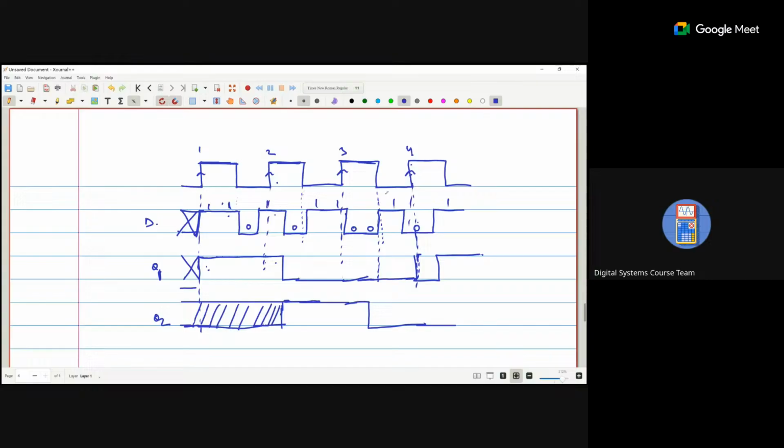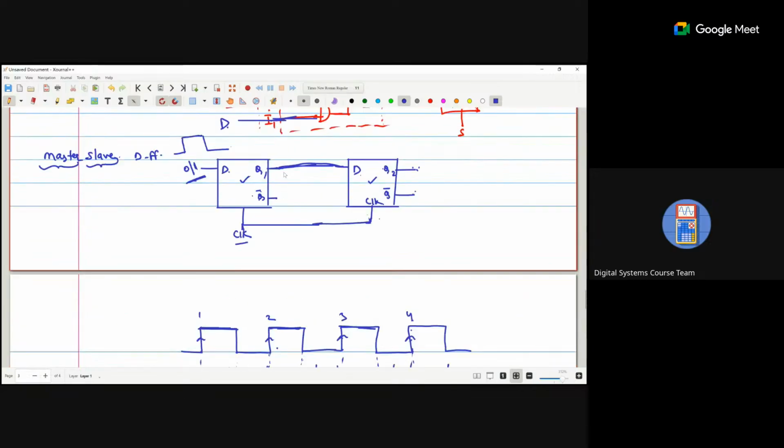This particular Q1 will be shifted by one clock. Okay. So data will be shifted by one clock. Q1 data will be shifted. So here the Q1 will start from here. Now in the second case, the Q1 will start here. Clear? Why is it shifted? Because we apply the same clock.